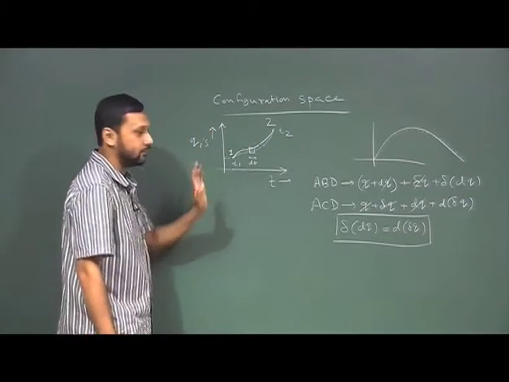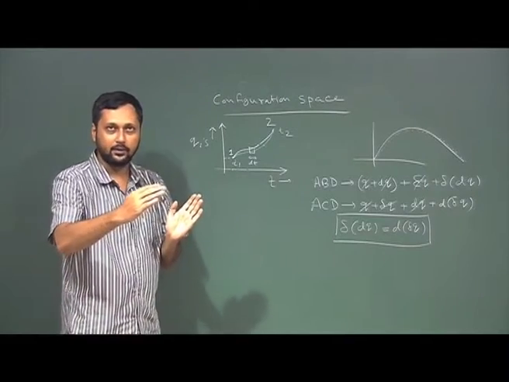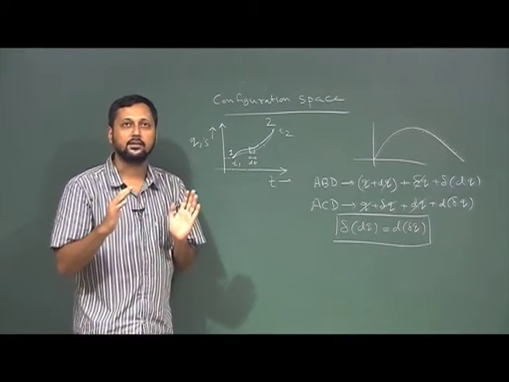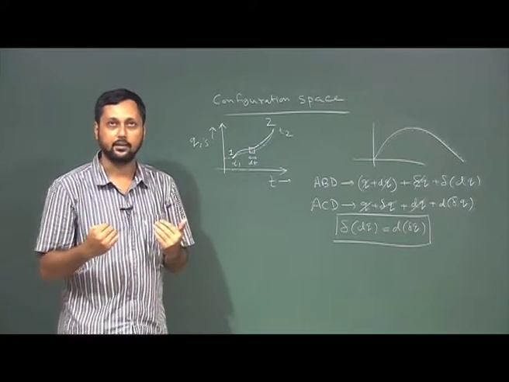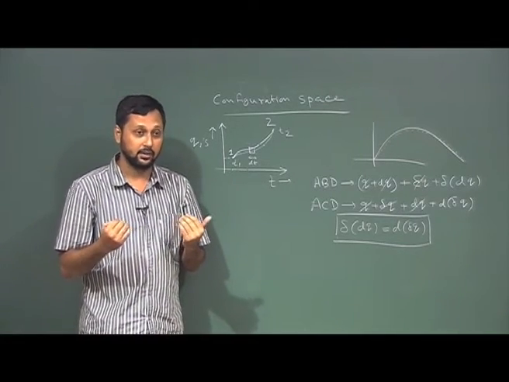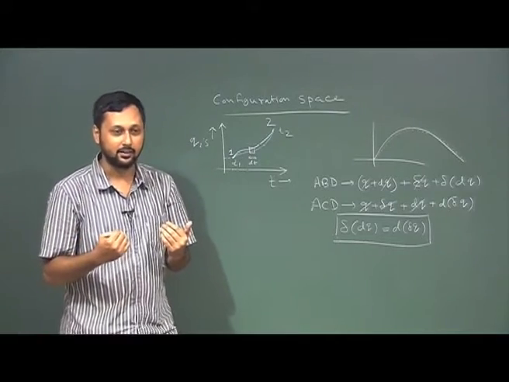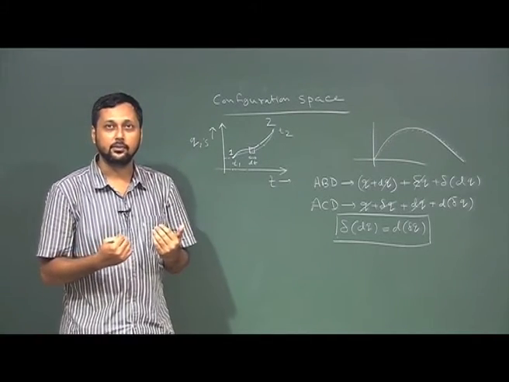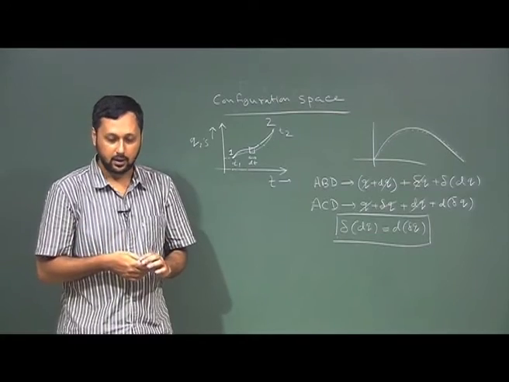Now, in between these two points, which path does the system take? That is the question I am asking here. Not only do I ask it, physicists have been asking this question for centuries.